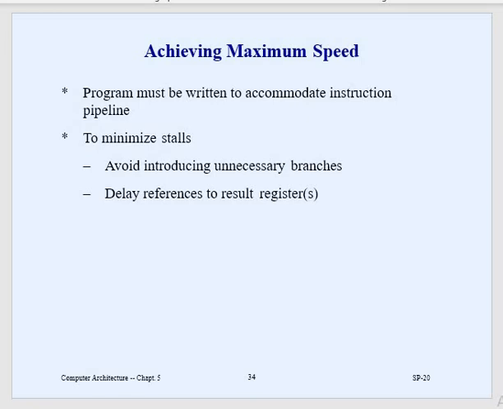And the other thing is delay references to result registers. For example, if the results are referenced or being taken slowly, the registers having the result will not become emptied, and this may also cause the stall.